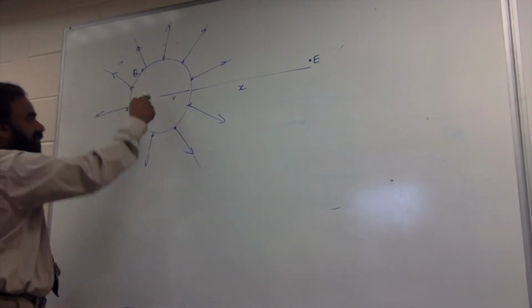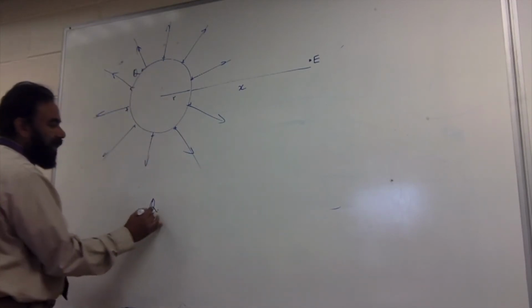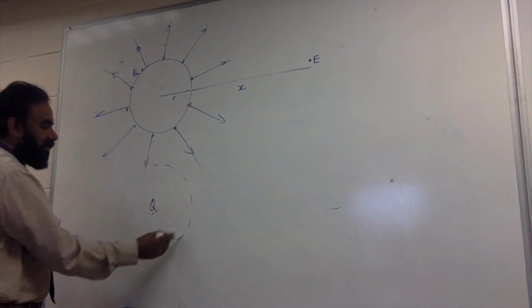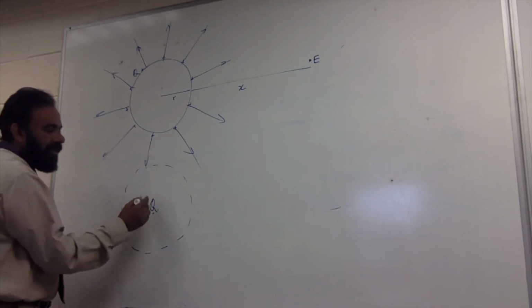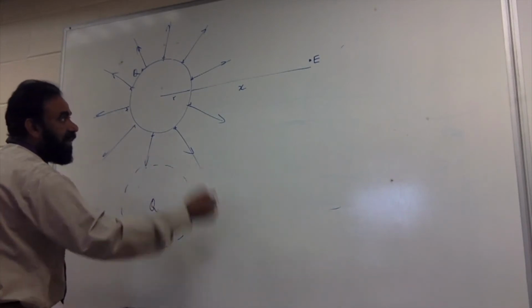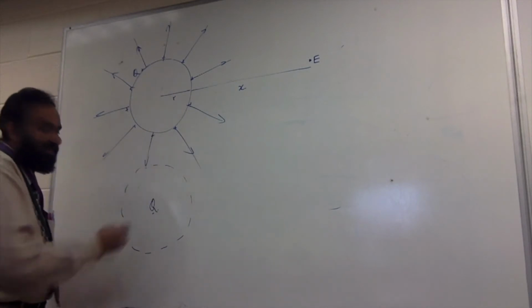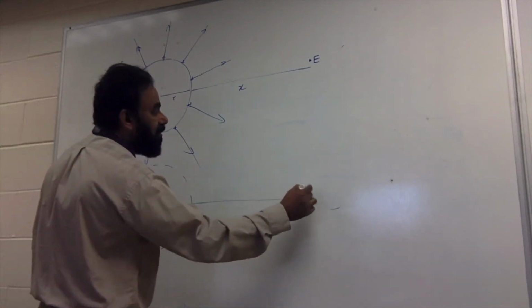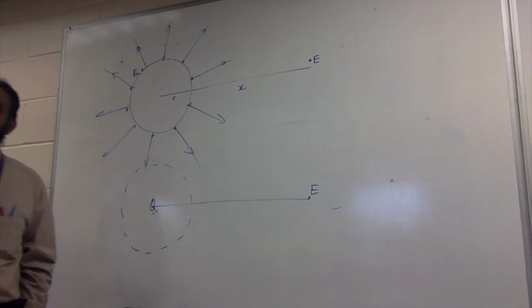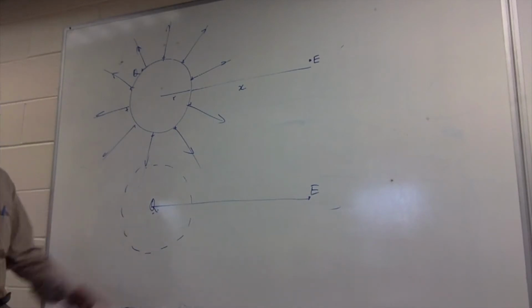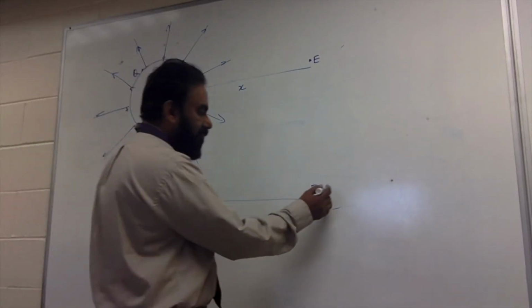So if everything is concentrated in the middle, it will be like Q in the middle. And don't worry about this, this is the sphere. The electric field lines are going to be shaped exactly like that. So at this distance, how do you find the electric field? If the charge is sitting here, can you tell me the equation for this?